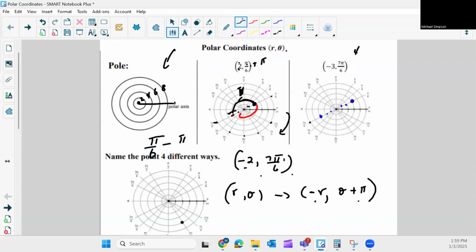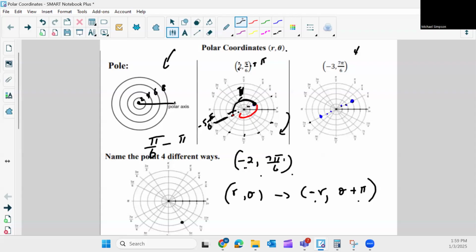And this is, I miscounted somewhere. Pi over 6, 2 pi over 6, 3 pi over 6, 4 pi over 6. Yeah, this should be negative 5 pi over 6. All right, so this angle here should be negative 5 pi over 6.